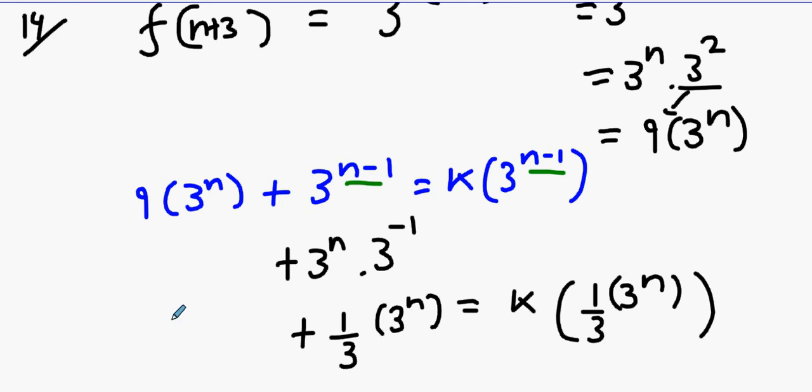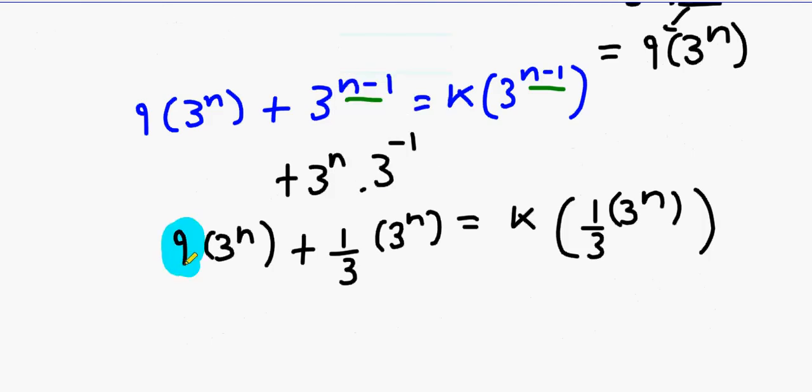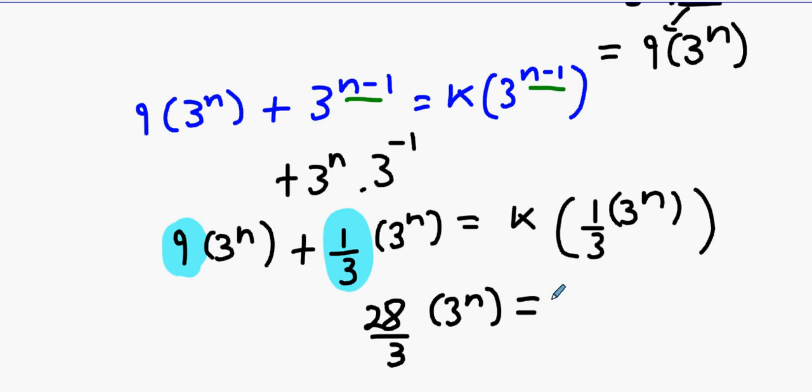Now, here's the question you have to ask yourself. What's 9 of them plus 1/3? 9 of them plus 1/3 is how many? 28 over 3 to the n. What's k times a third?